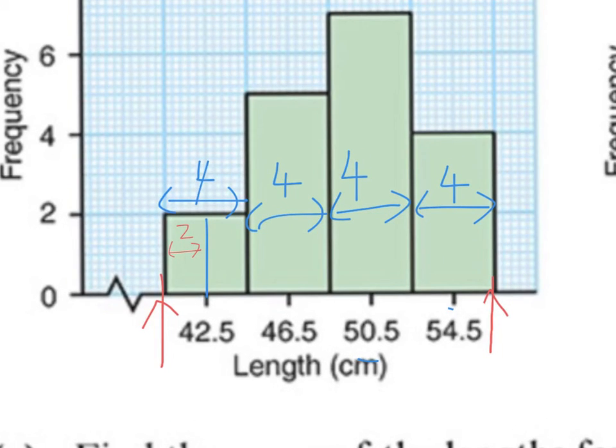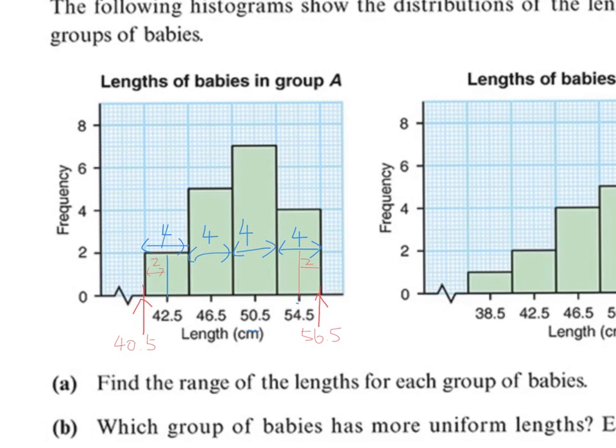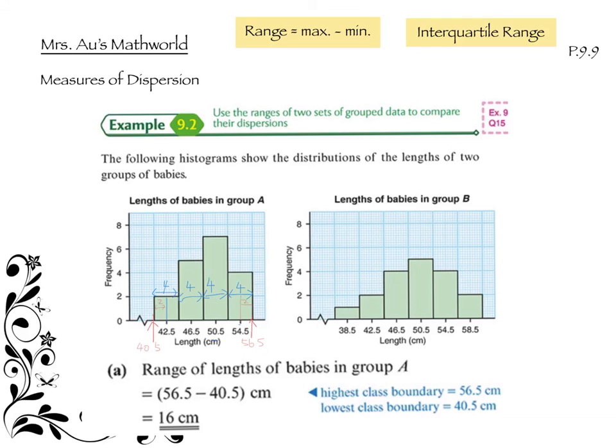So that's why this histogram can help us get the lower class boundary of this set of data, and then the larger one plus 2 here. So you get 56.5. All right? So the calculation is the same as what we have done.